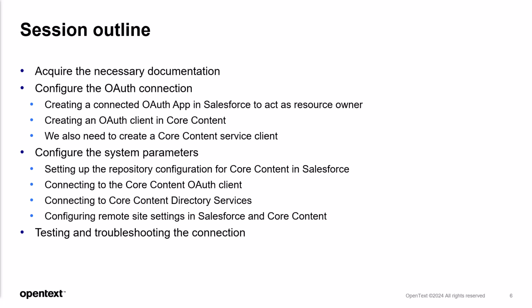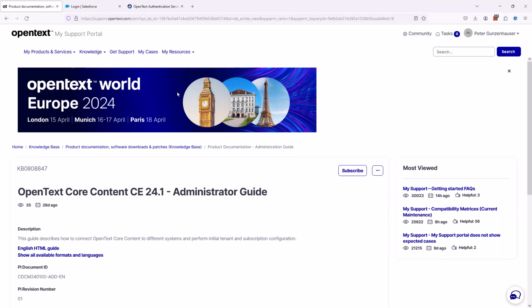So without further ado, let's now get started. And first thing is we're going to Knowledge Center. If you don't remember exactly how to navigate here to this administrator guide, you can go back into part 1 where I demonstrated how to navigate through Knowledge Center in order then to find the documentation that you are looking for.